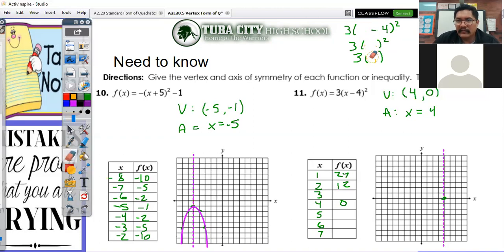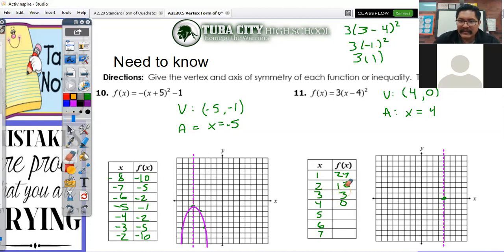And the next number will be 1, because I can already kind of tell the pattern we're going to get. But anyway, 3 minus 4 is negative 1, and negative 1 squared is, well, anything times 1 is going to be that same number, so we just get 3.